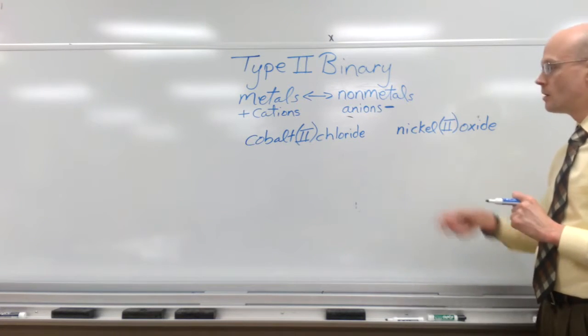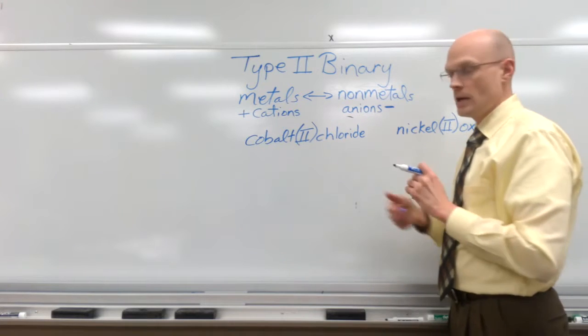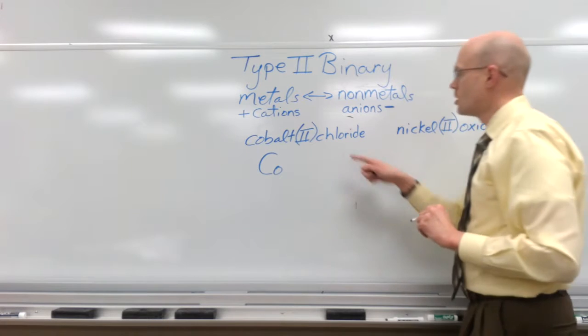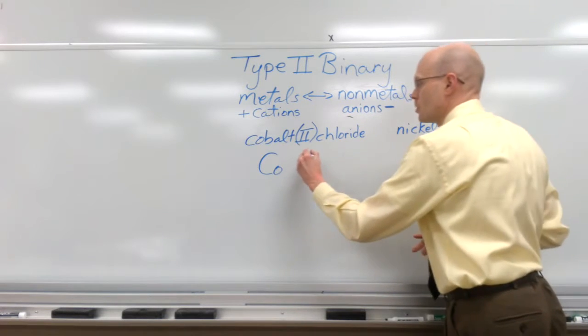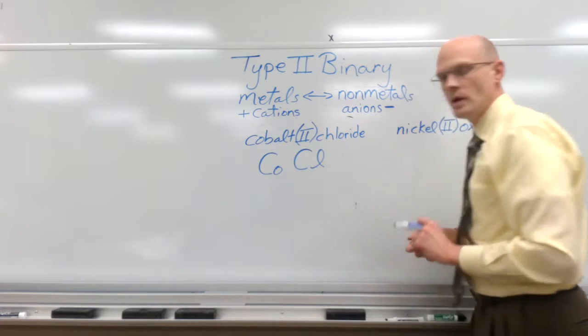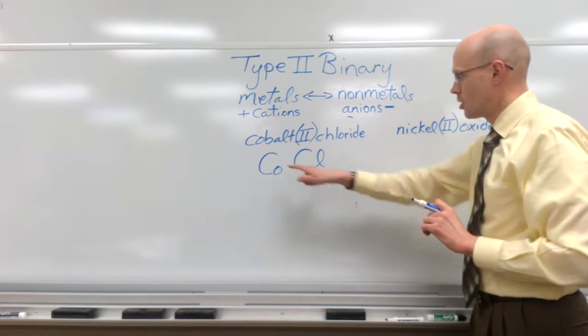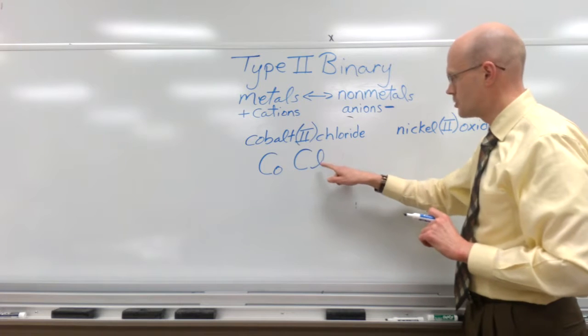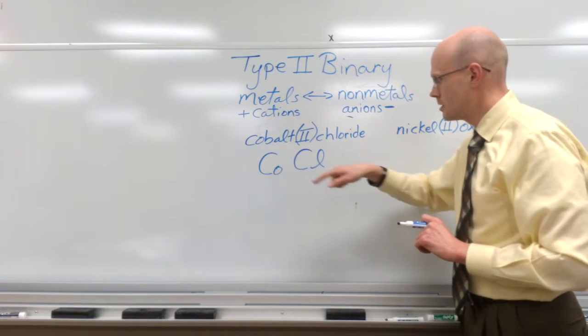Okay, first thing, we recognize we have cobalt, Co. We have chloride coming from chlorine, so we have our two element symbols involved. Cobalt and chlorine are the two elements here. So that's our two ions, this chloride ion and this cobalt ion.